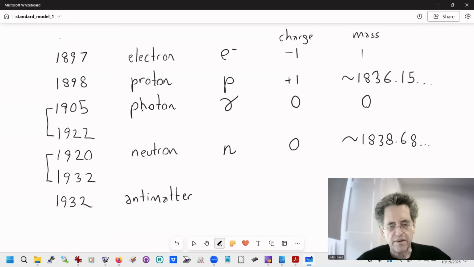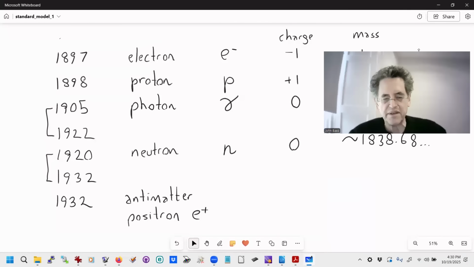And we now call that the positron. And because it's positively charged, we call it E plus for an abbreviation. But it was in 1932 that this was actually discovered. In fact, people had already seen it, but they just didn't believe it because they didn't expect it. But once they looked for it, they quickly found it.